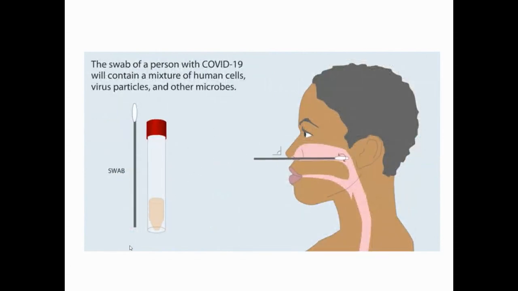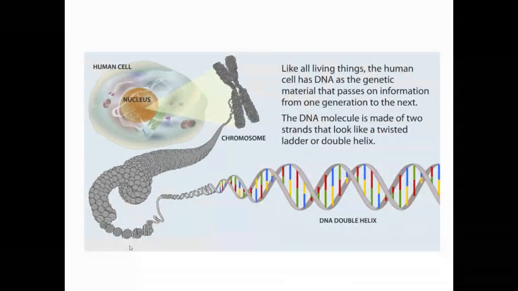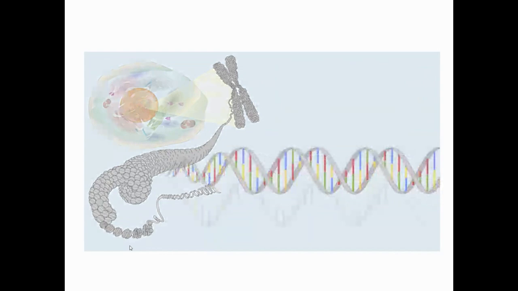The swab of a person with COVID-19 will contain a mixture of human cells, virus particles, and other microbes. Like all living things, the human cell has DNA as the genetic material that passes on information from one generation to the next. The DNA molecule is made up of two strands that look like a twisted ladder or double helix.